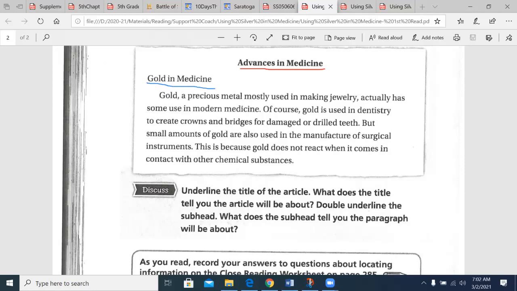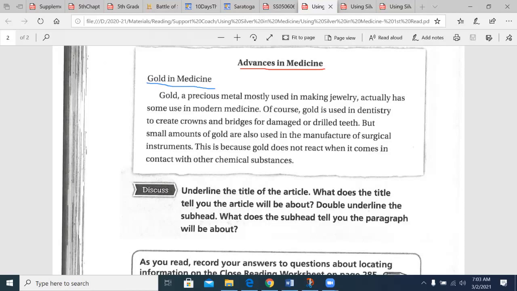Gold, a precious metal mostly used in making jewelry, actually has some use in modern medicine. Of course, gold is used in dentistry to create crowns and bridges for damaged or drilled teeth. But small amounts of gold are also used in the manufacture of surgical instruments. This is because gold does not react when it comes in contact with other chemical substances.